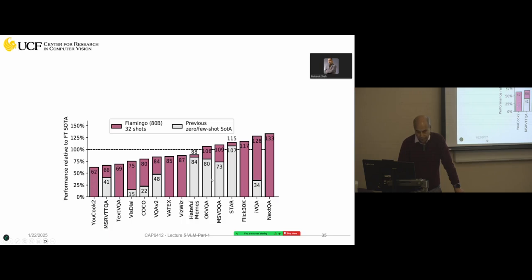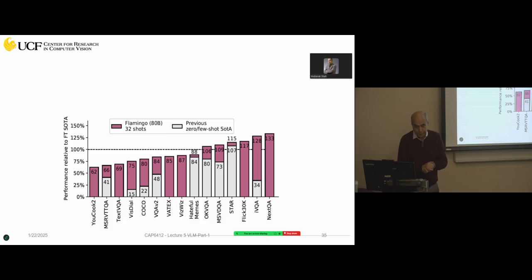And for these problems, they are actually going beyond the models which are fine-tuned on this data set, like Flickr, IVQA and XQA. Which is very impressive, right?